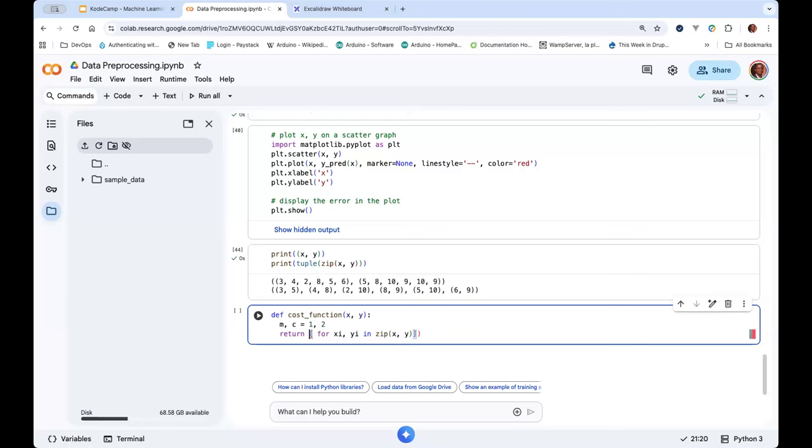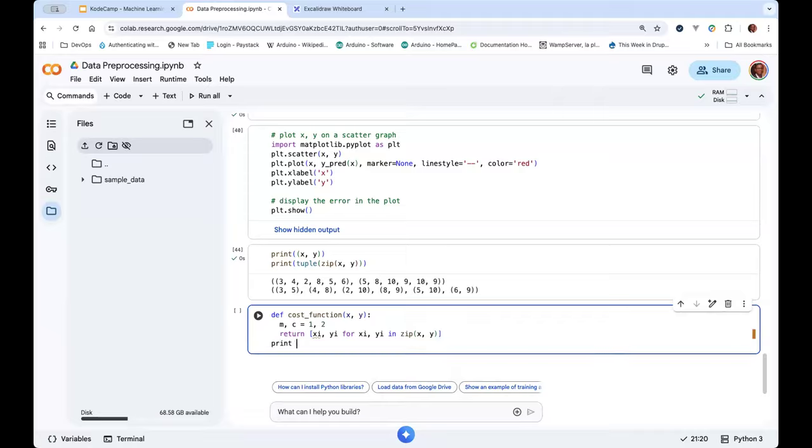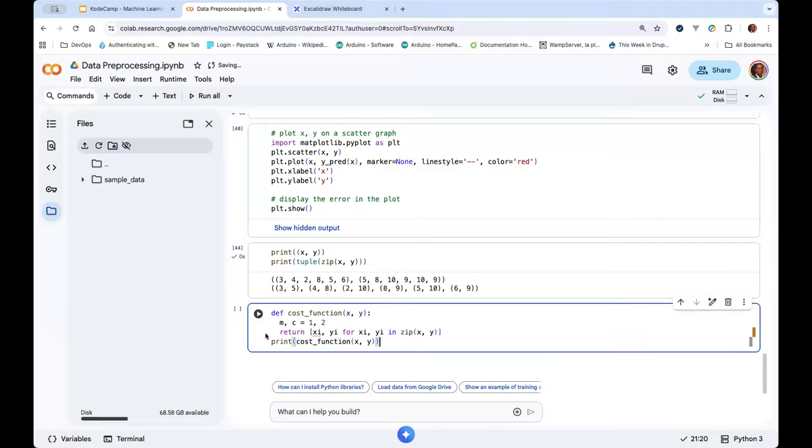Let's do step by step how this cost function happens. So I do xi and yi, right? These are just the values. If I run this, print cost function of x and y, right? What do you get?